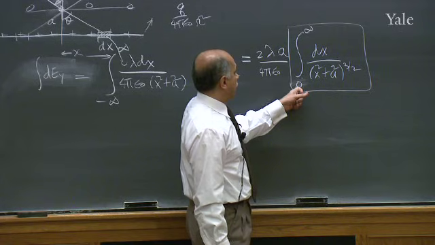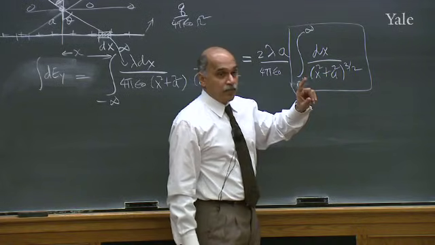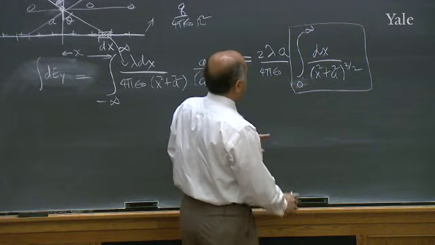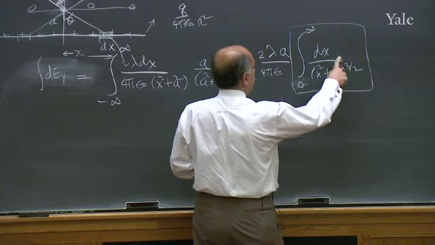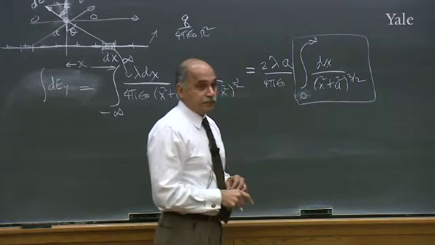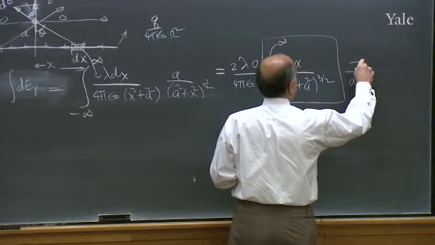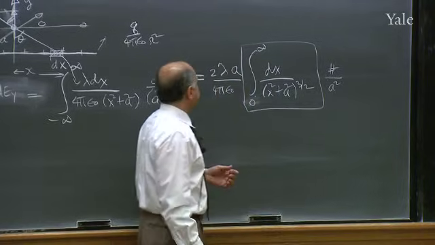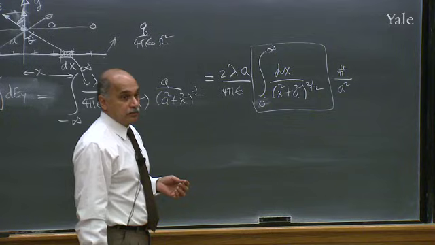If the lower limit was 5, it could depend on 5, but it doesn't depend on anything other than a. Then from dimensional analysis, I've got a length squared to the 3 over 2, that's length cubed, and a length on the top. So the whole thing should look like something over length squared. The only length I have is a, so it's going to look like 1 over a squared times a number. Once you get the number, you're done.